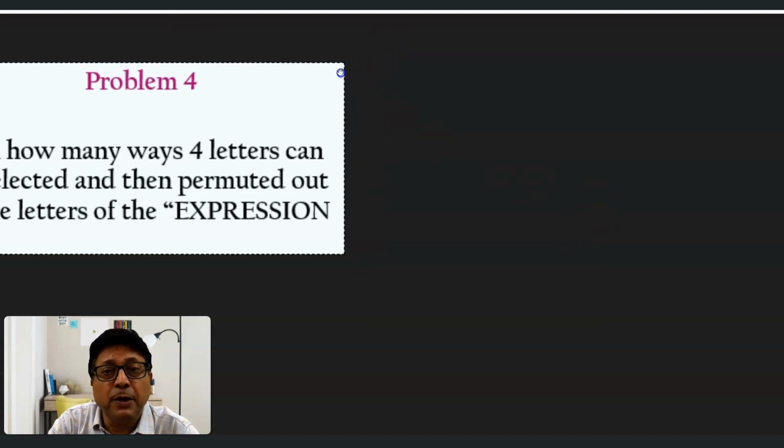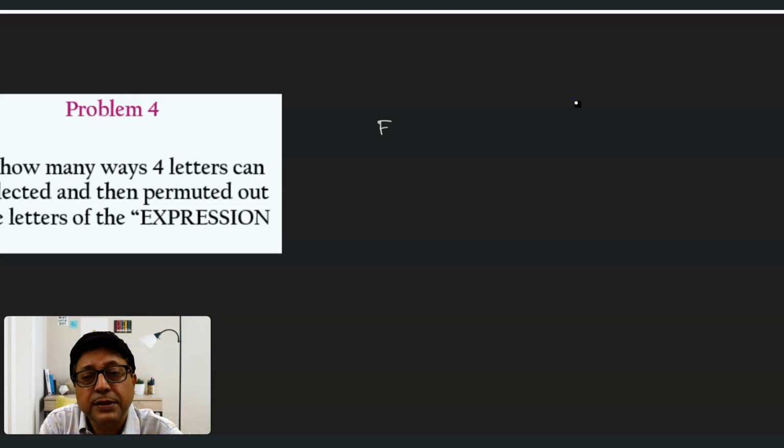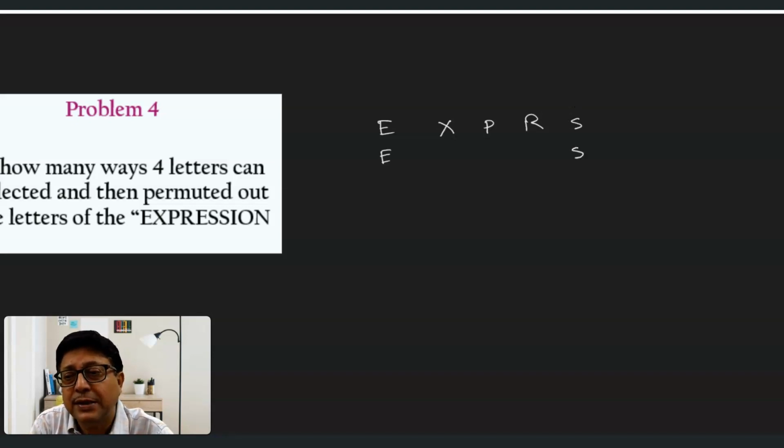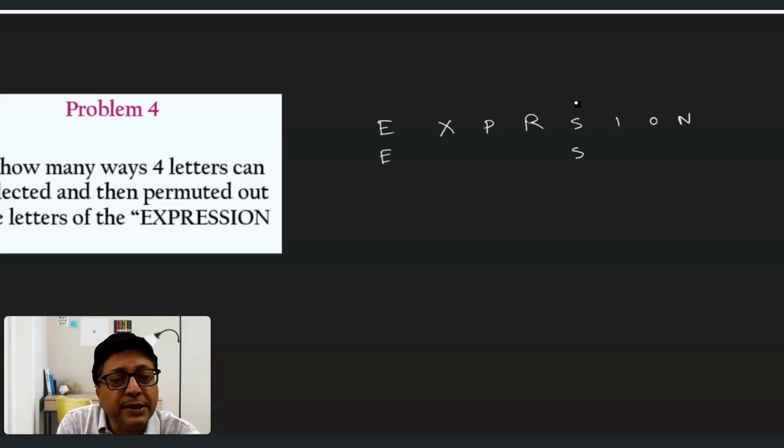So to solve this problem, let us write how many E's are there first. You can see there are 2 E's, an X, there is only one X, only one P, only one R, 2 S's are there, and one I, one O, one N. 3, 2, 5, 2, 7, 10. 10 letters are there.